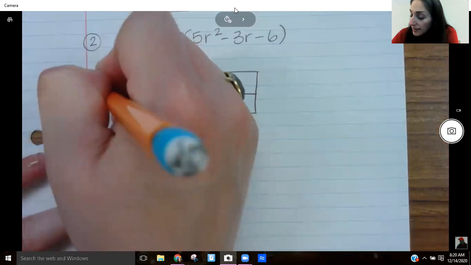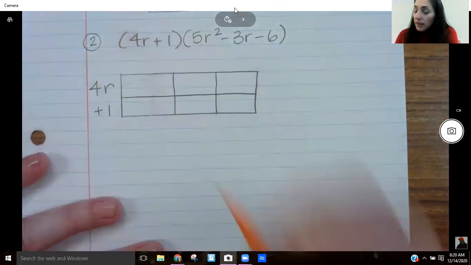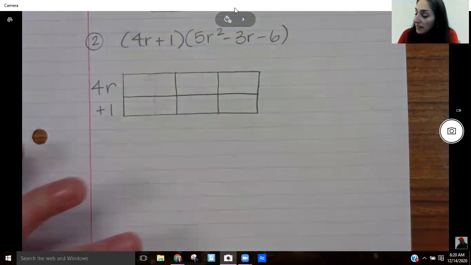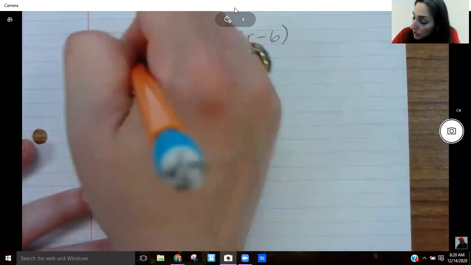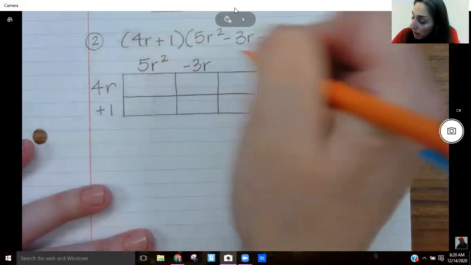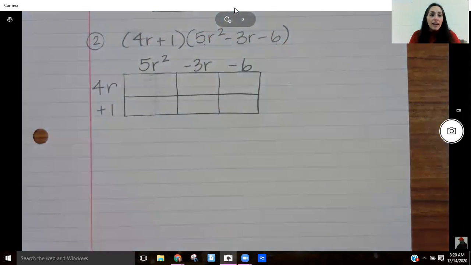I'm actually going to put that on the side. It doesn't matter if you put it on the side or if it's on the top, okay? There's no way that you can mess this up. It'll stay the same. And then you're going to do 5r squared minus 3r minus 6. Now go ahead and try those problems. Try filling in the boxes and then I'll check back with you in just a second.